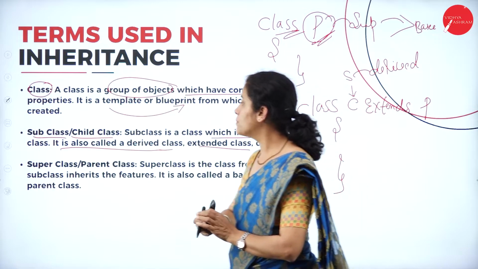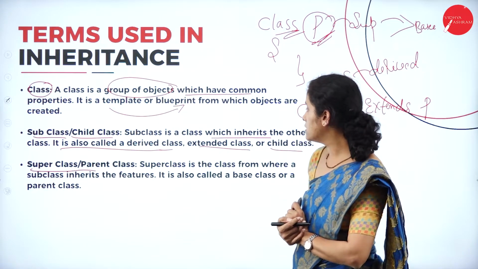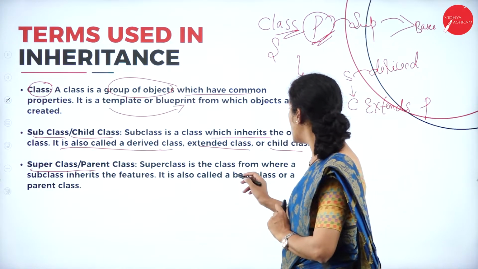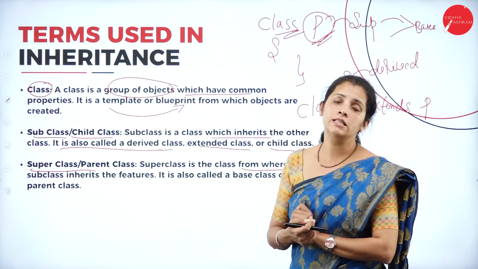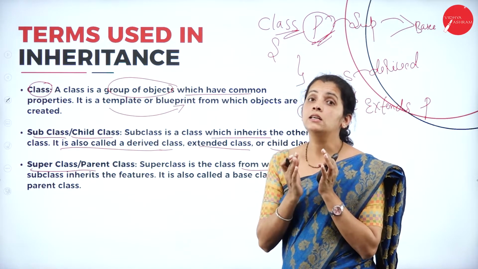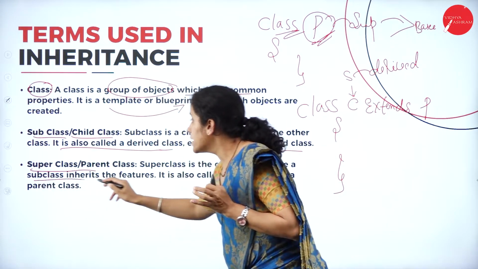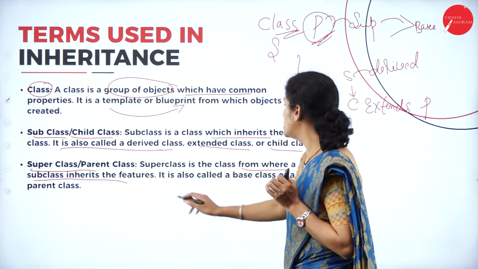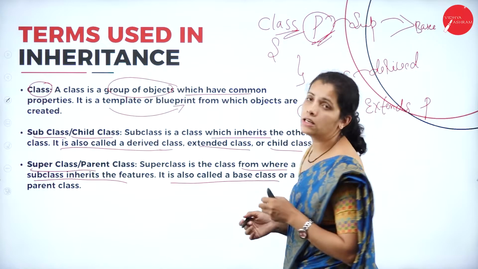Along with that, I'm going to have superclass or parent class. This is also a class from where a subclass inherits the features. That means superclasses are the classes from where the subclass inherits the features, and it's also called a base class or parent class.